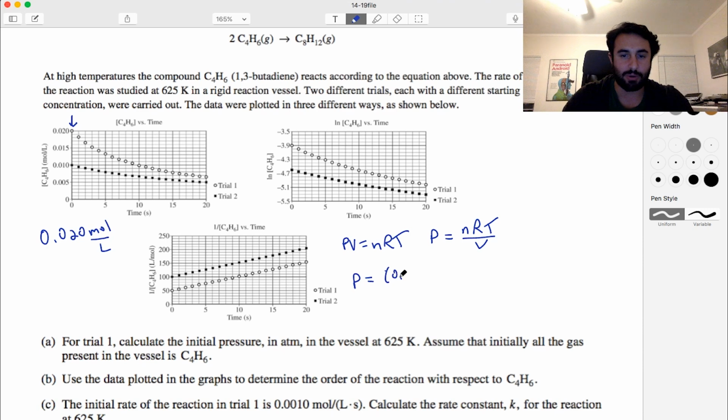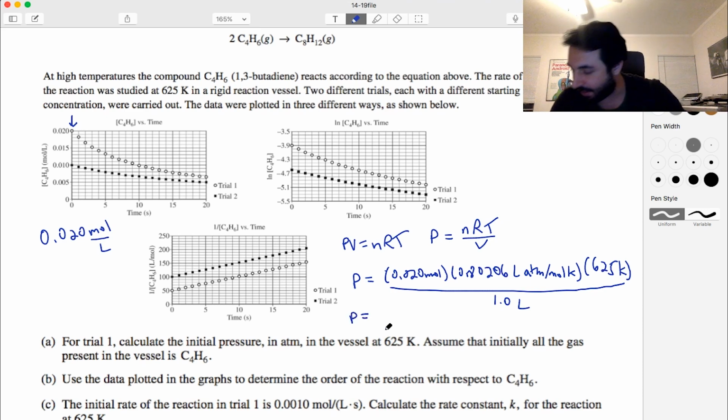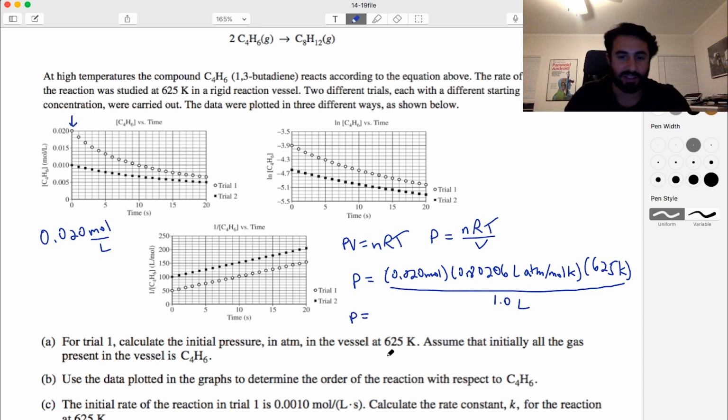We can do 0.02 moles times 0.08206 liter atmospheres per mole K, times 625 K, all over 1 liter. We're just assuming 1 liter to keep things simple. We do the math, and it ends up being nice and round: 1 atmosphere, if we plug all that into the calculator.